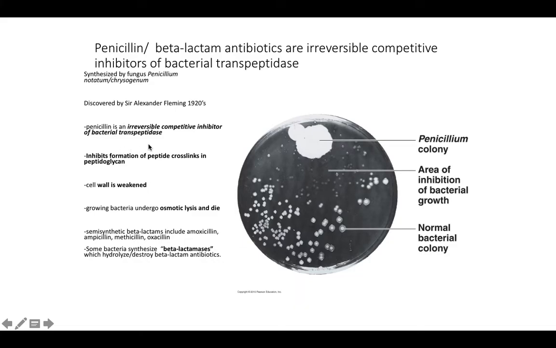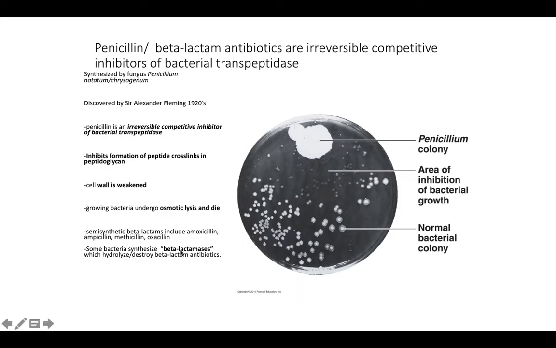And you will recall bacterial transpeptidase has to be active so it can cross-link those little tetrapeptide tails in the cell wall peptidoglycan. So if you knock out bacterial transpeptidase, the cross-links aren't made and the peptidoglycan weakens, and if the bacterium is growing in a hypoosmotic environment, the consequence will be that the bacterium will die from osmotic lysis, yeah?